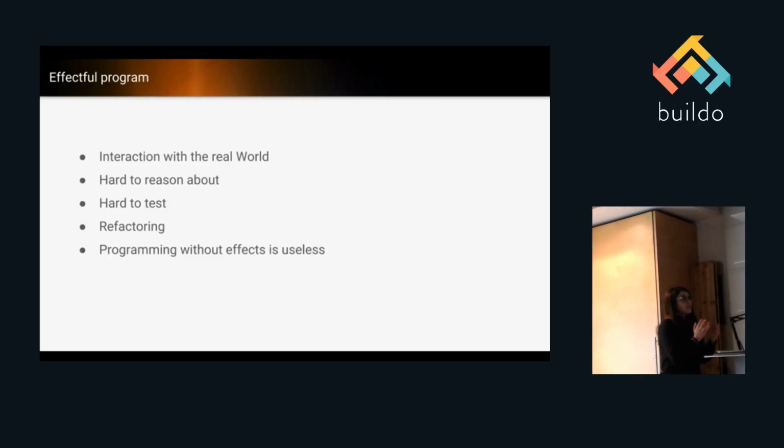But basically, a program that causes no change outside our system will be useless. So we need effectful programs. And an effectful function is the opposite of a pure function. So functional programmers prefer to use pure functions to make it easier to reason about, to test and to refactor code, but programming without effects is useless.